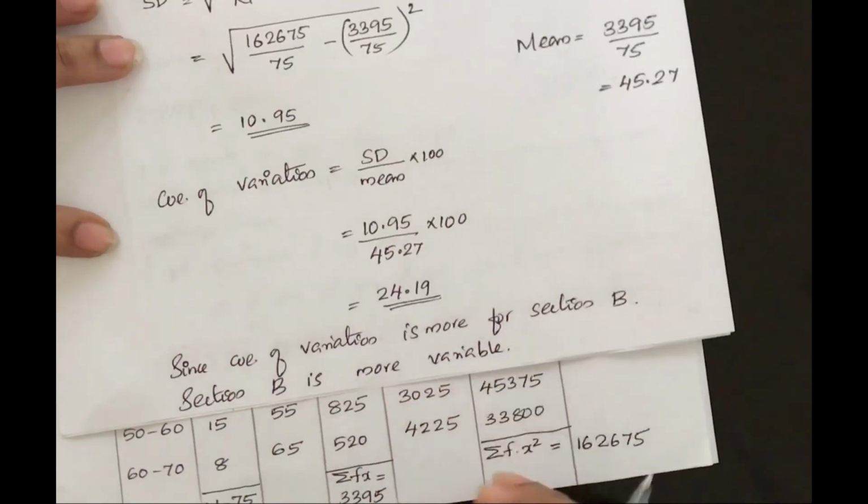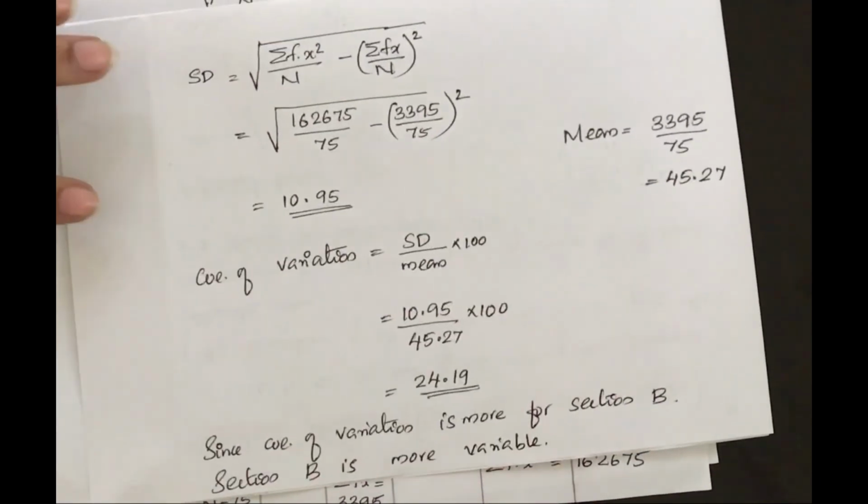If the question was which is more consistent, section A is more consistent.